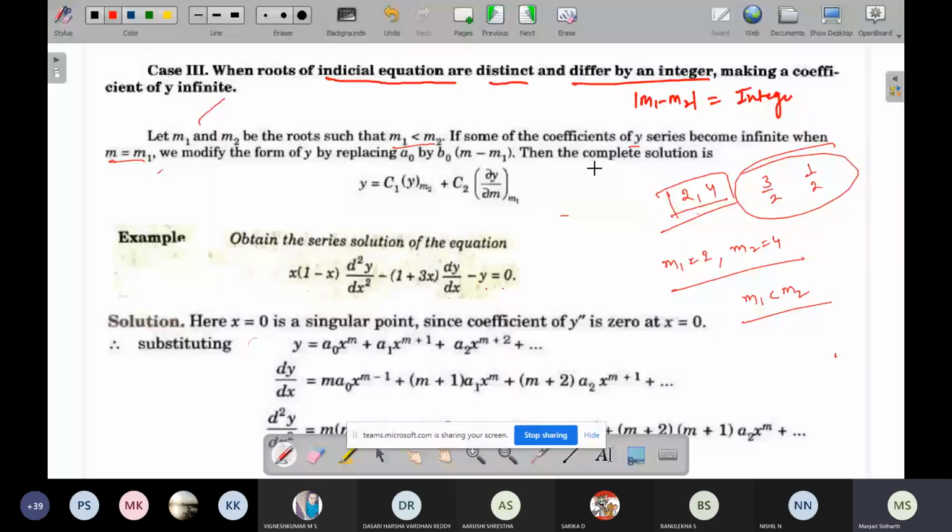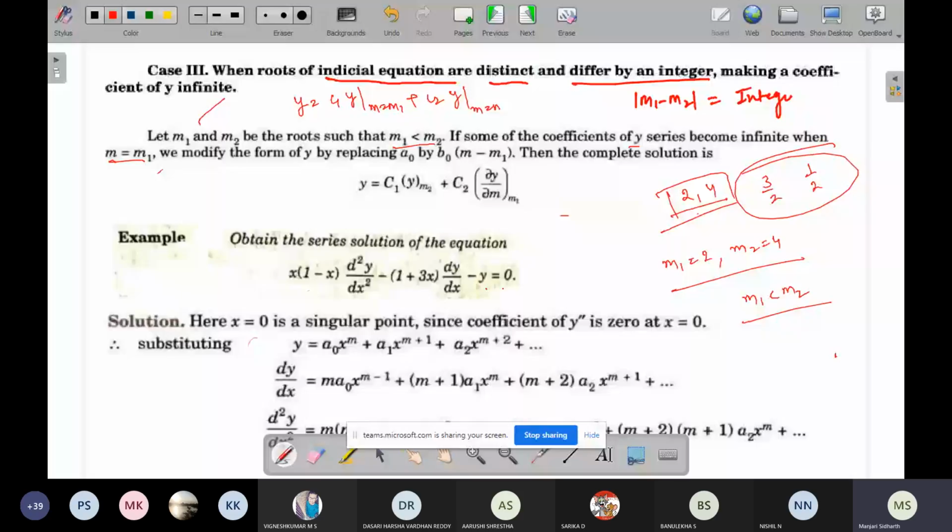For the first case, when the roots of the indicial equation are distinct and their difference is not an integer, the solution was C1 times y at m equals m1 plus C2 times y at m equals m2.